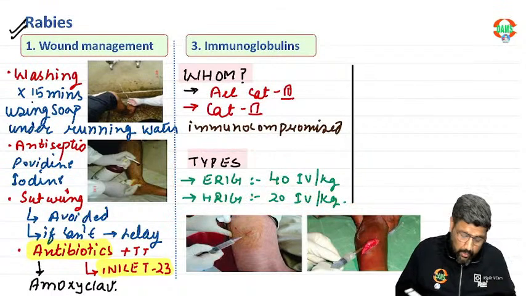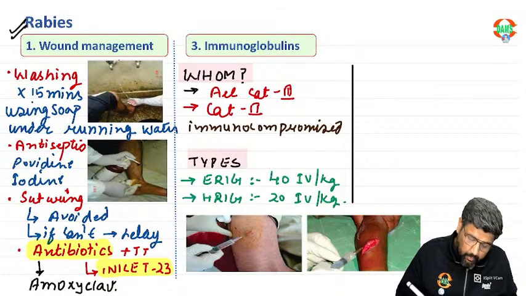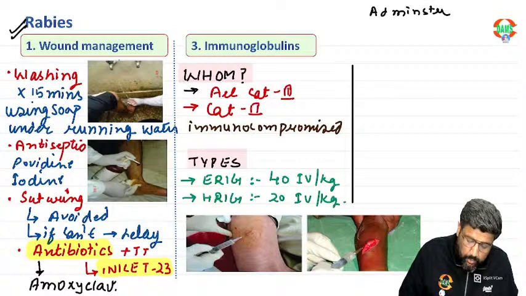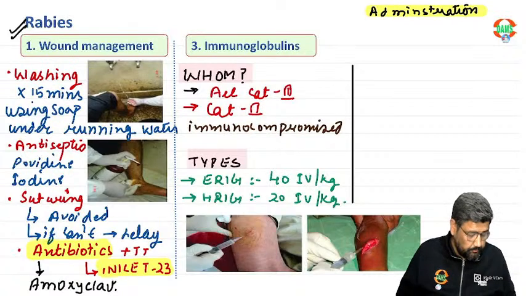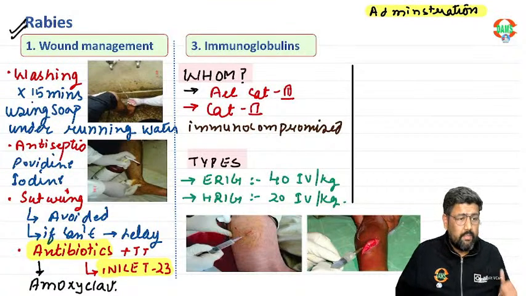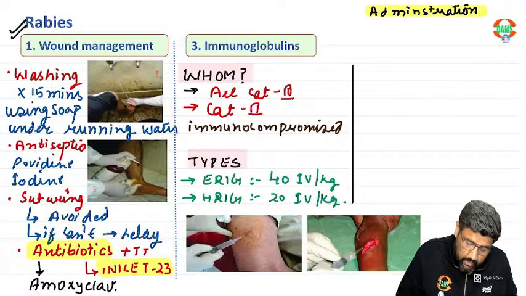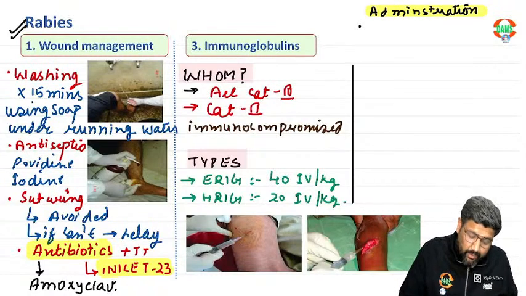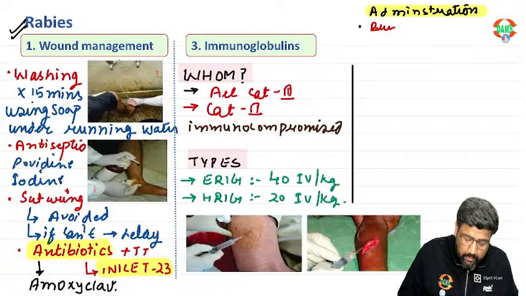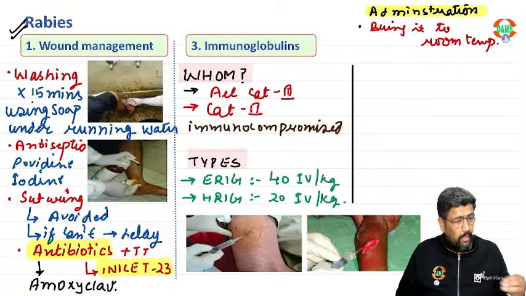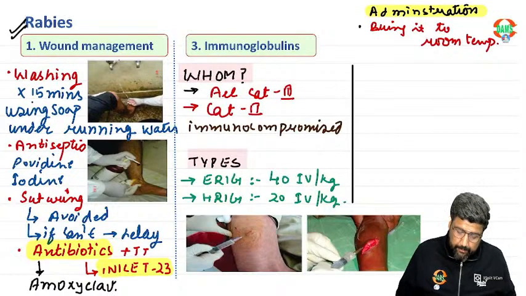Now guys, a very important point: how you are going to administer the immunoglobulin. Number one, bring it to room temperature. Immunoglobulins are stored at 2 to 8 degrees Celsius. Before administering, it should be brought to room temperature.